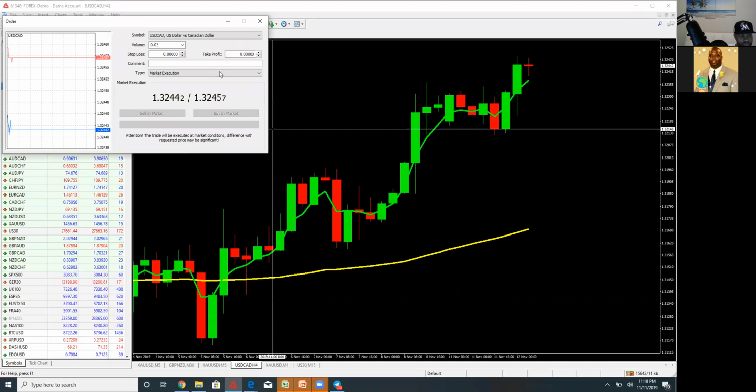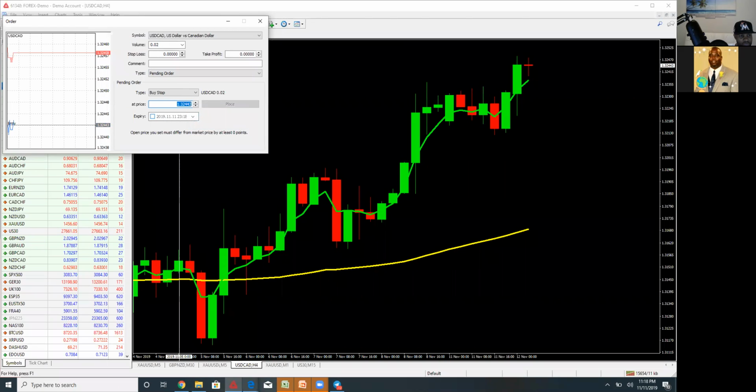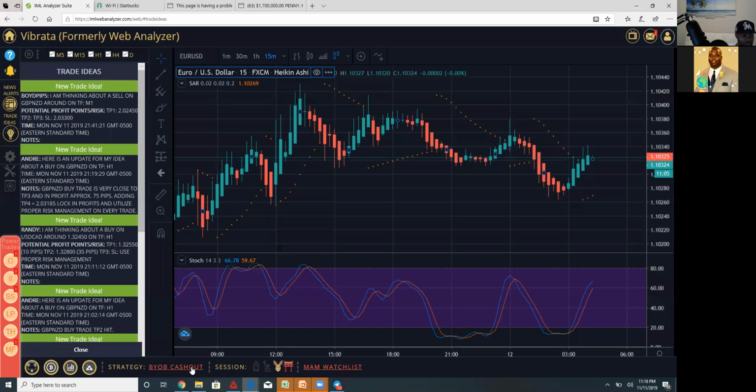I love to do it from my phone, but we'll come here, USD CAD, and from a market execution, we'll do a pending order and we'll do a buy stop. Then at that buy stop, I would have put the price that the trader said he was thinking about. I will paste it right here, let me see if this will allow me to paste it. Okay, 1.32450.